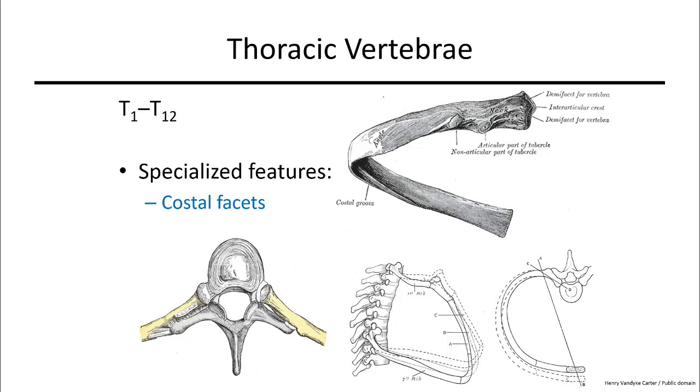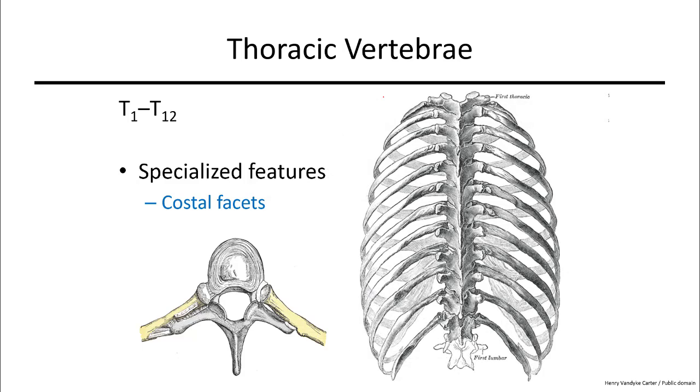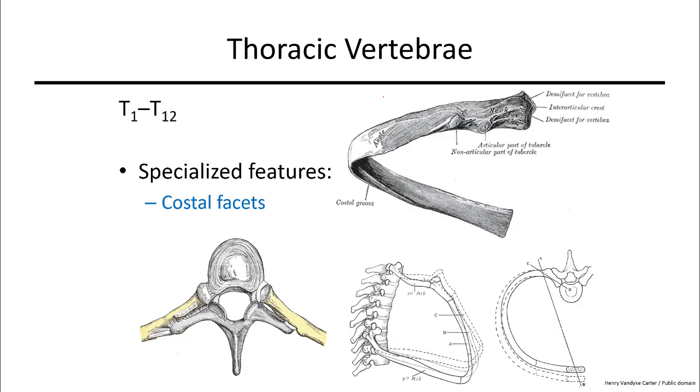There are 12 pairs of ribs, each bound to one of the 12 thoracic vertebrae. Ribs angle downward as they wrap around anteriorly. This position and pivot points along the thoracic vertebrae are an integral part of how we breathe in and out.